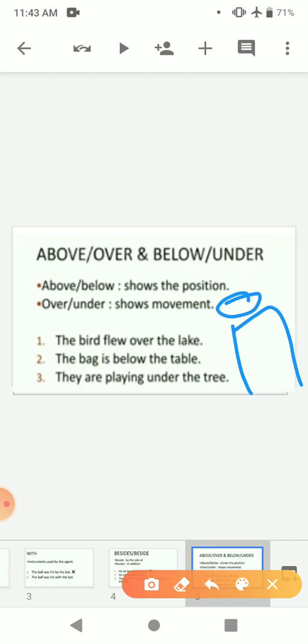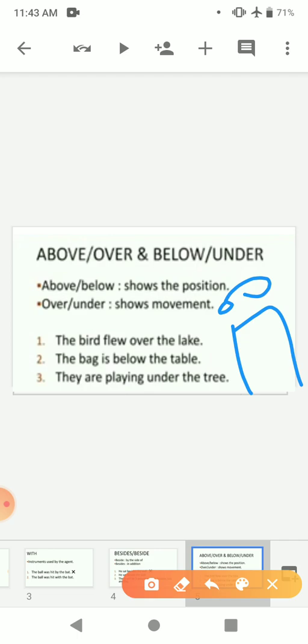But now see, if that thing is just in one position, in such cases we use above. But if there is a movement, we use over.